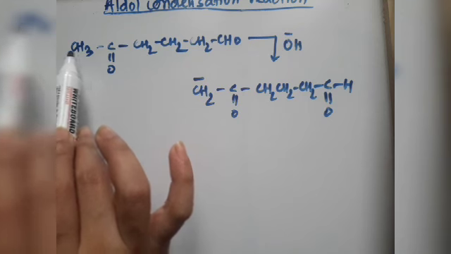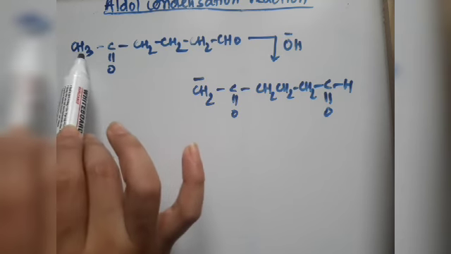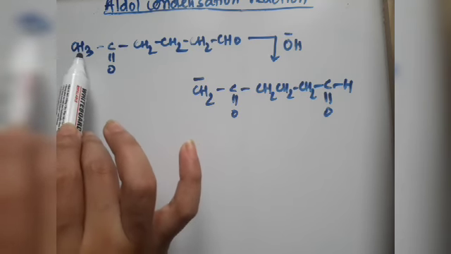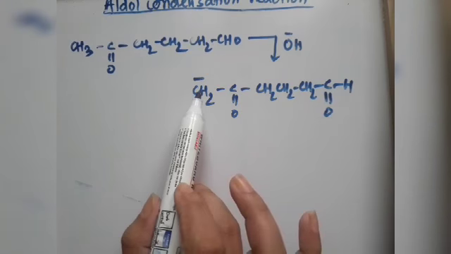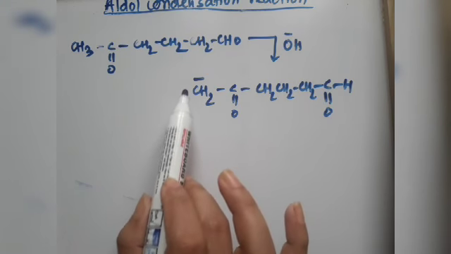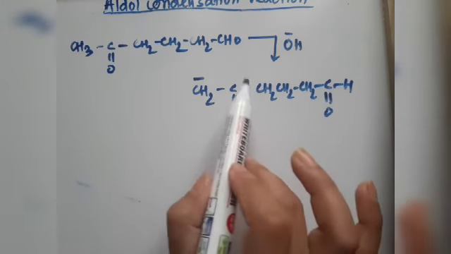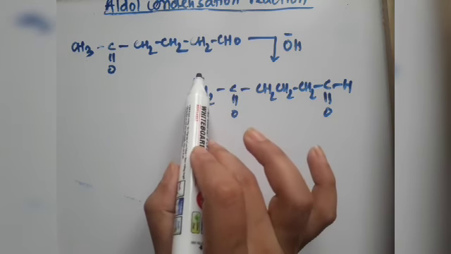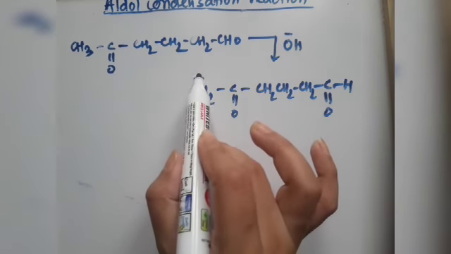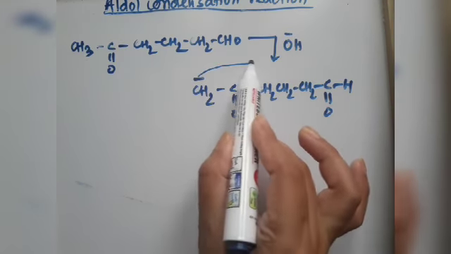Because this is most acidic. No other alkyl group is attached with this one. That's why they are most acidic. So preferentially the anion will be formed from this one.